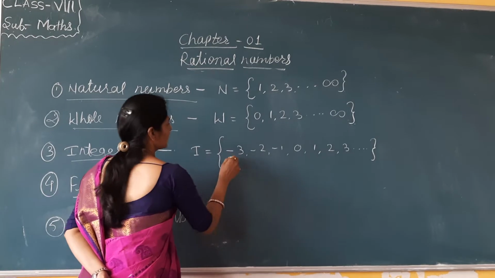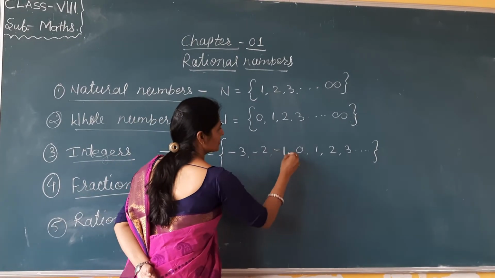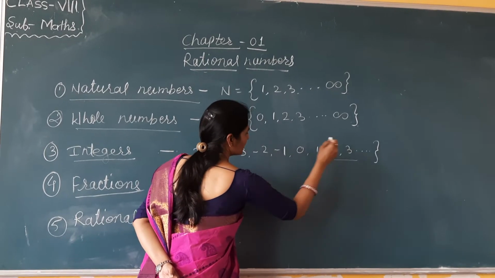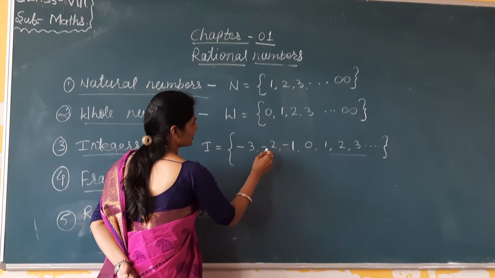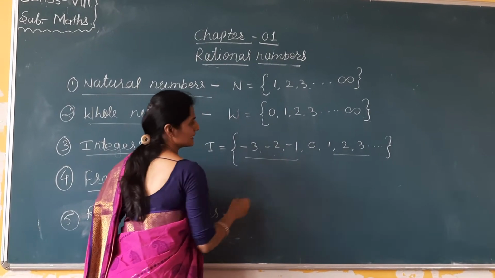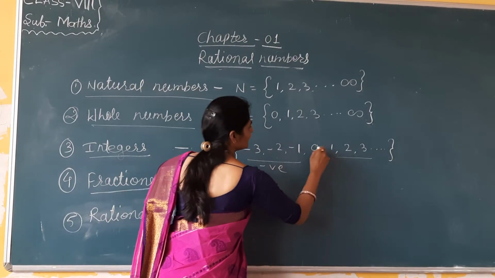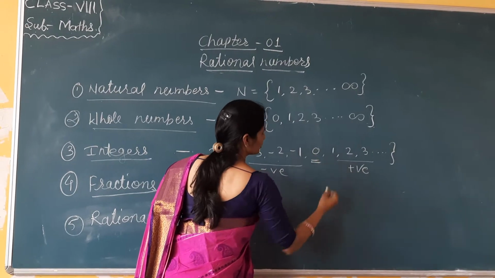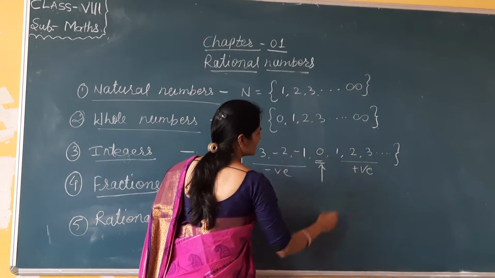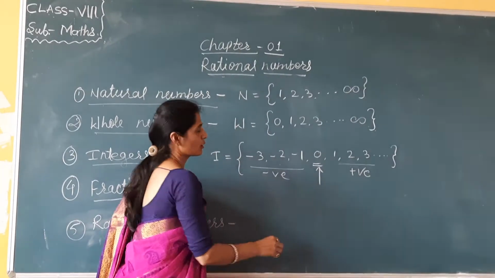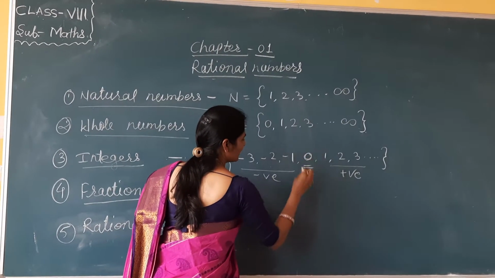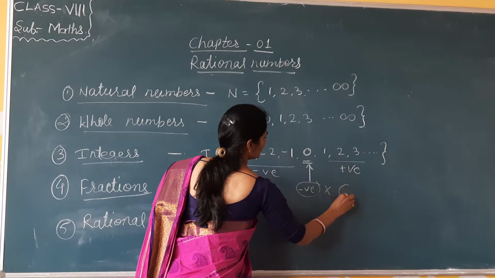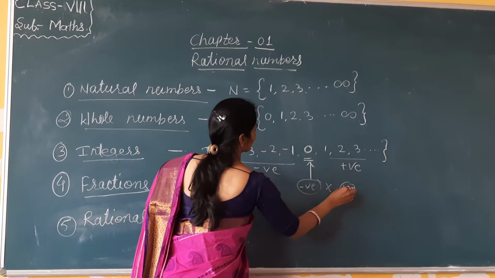These are the integers. 1, 2, 3 are positive numbers. -1, -2, -3 are negative numbers, together with 0. But 0 is neither a negative nor a positive integer. 0 is neither negative nor positive.